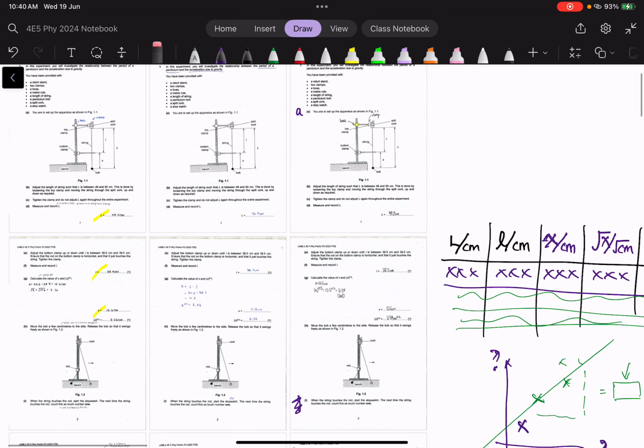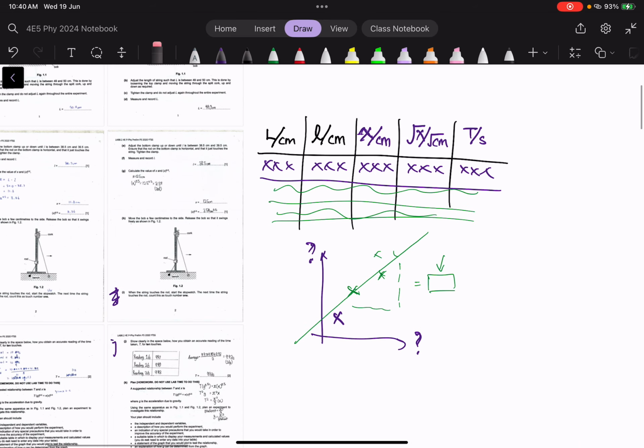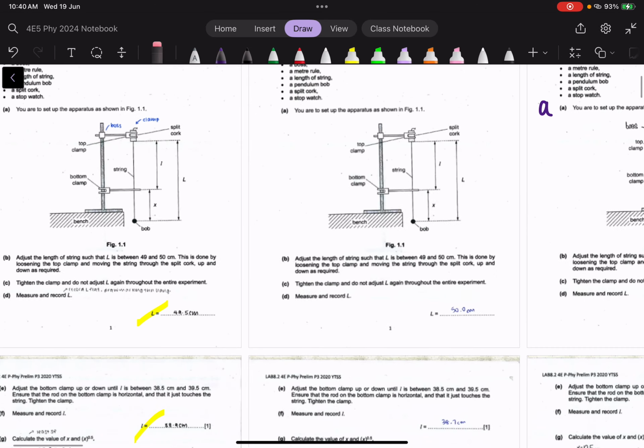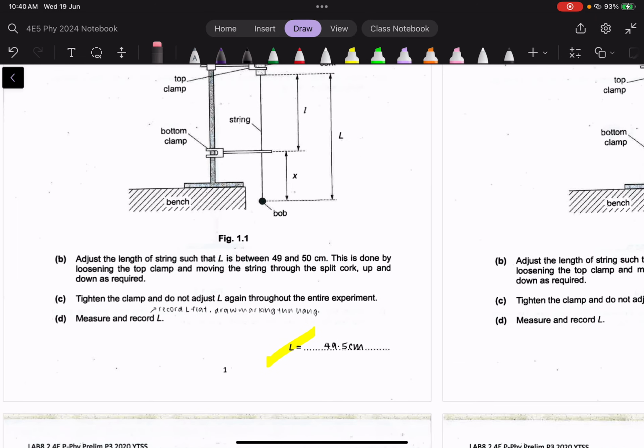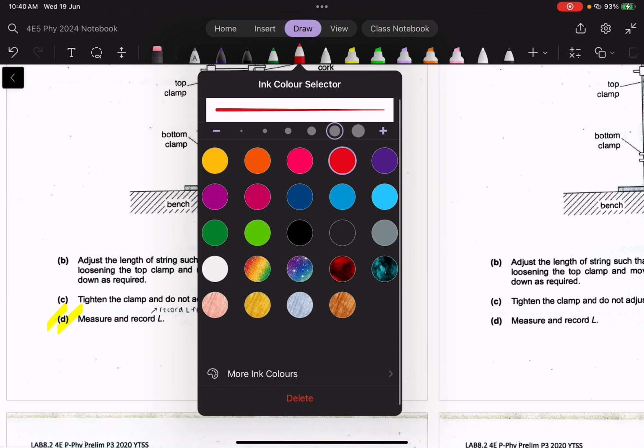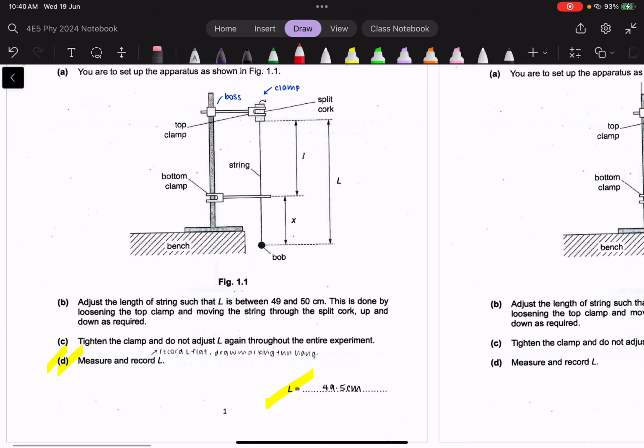Okay, so now let's zoom in and see how our friends do in this particular design question. Okay, let's see. So first thing, you are supposed to measure L, which has a certain range. Wait, let me pick a pen. This range, let me see.